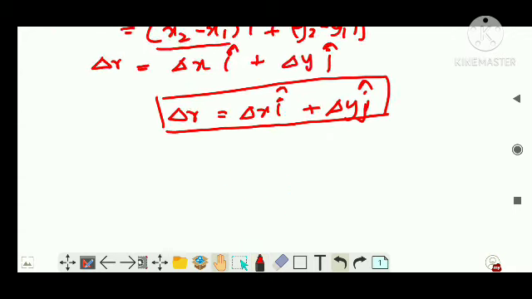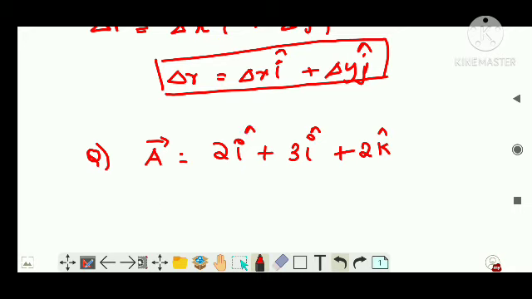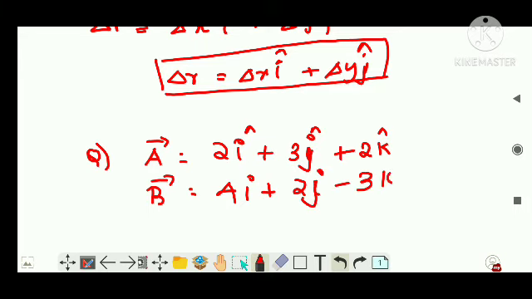Clear? Now let's do a simple problem from my side itself. See, you have a position vector. Let's say the initial position is given by 2i plus 3j plus 2k, and the final position is given as 4i plus 2j minus 3k cap.